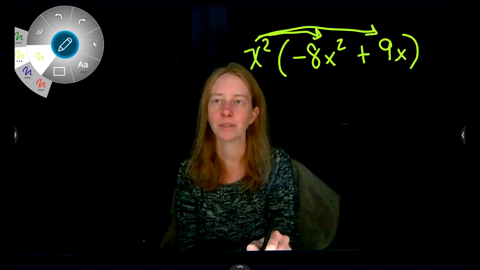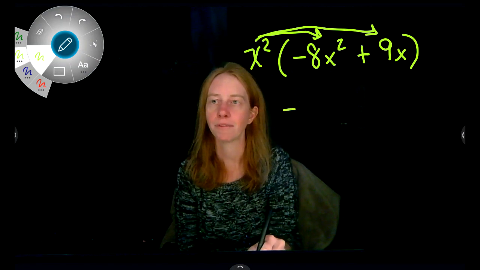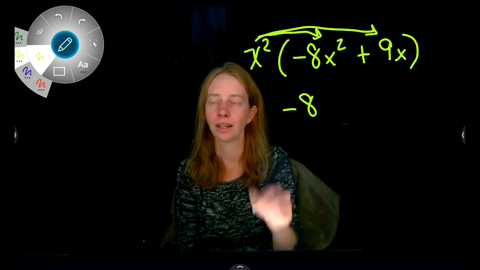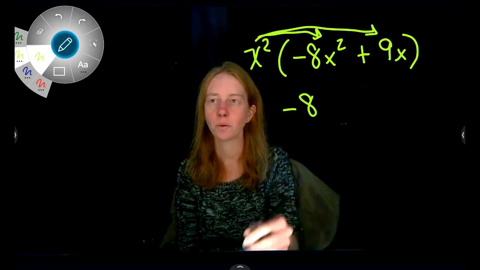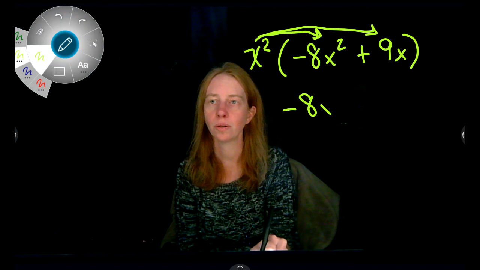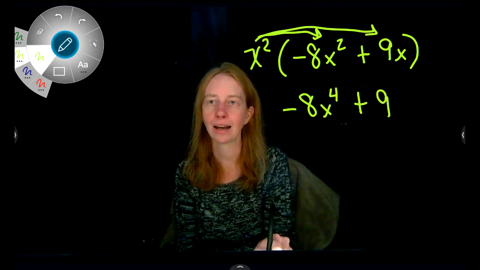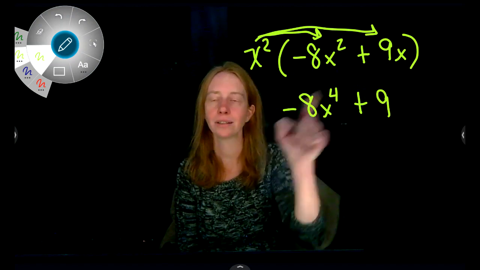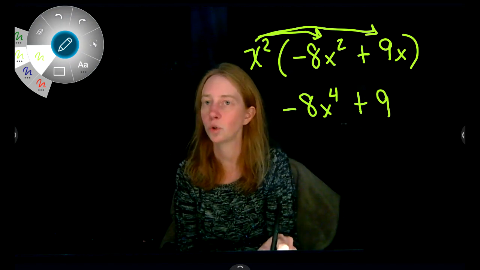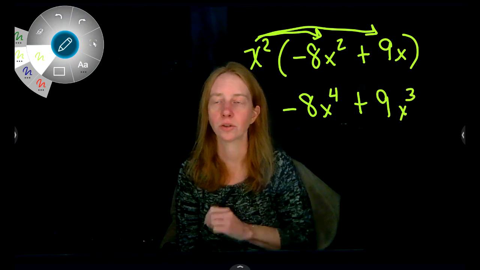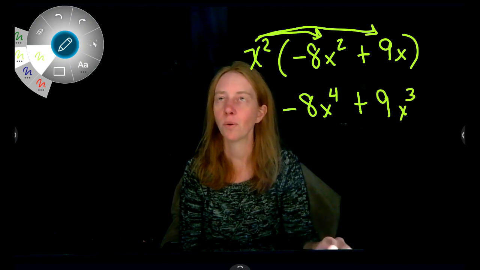X squared times negative 8x. We have the negative 8 at the front. And x squared times x squared, that's 2 plus 2 is 4. Plus 9, x squared times x, x to the 2 plus 1, that is x to the third. Let me know if you have questions.